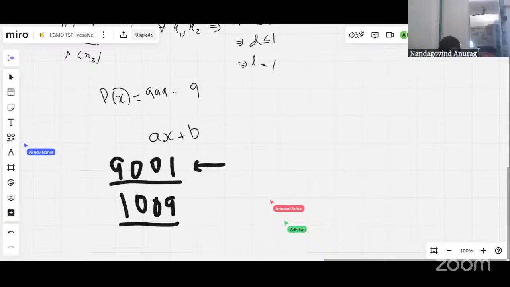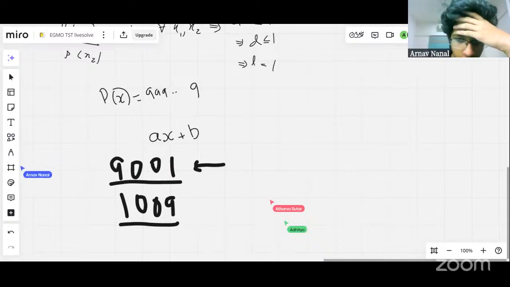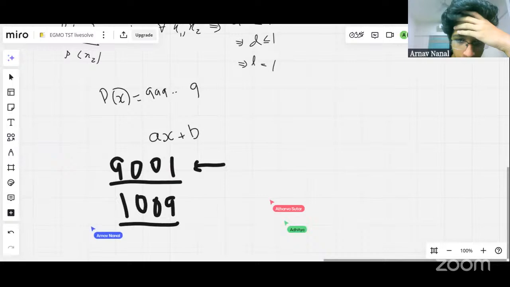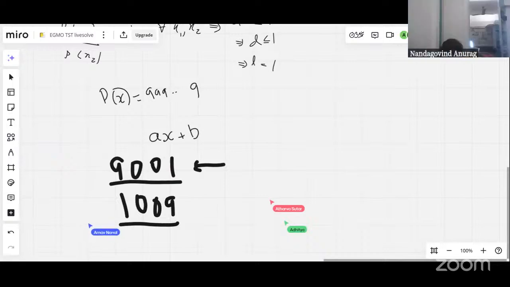We can take a big enough power of 10, enough zeros, to ignore b. But I'm trying to see if we can show b has to be 0, right? Because surely I don't think allowing b would be nice.